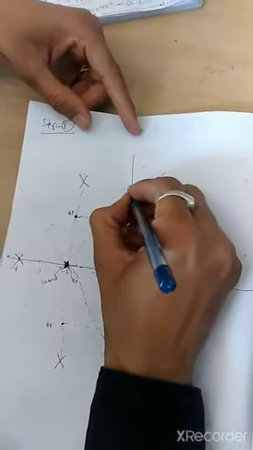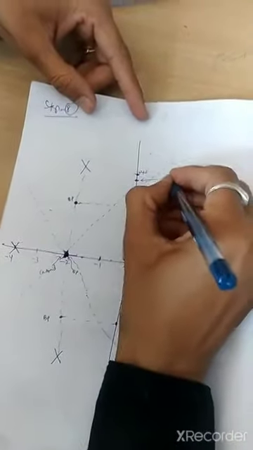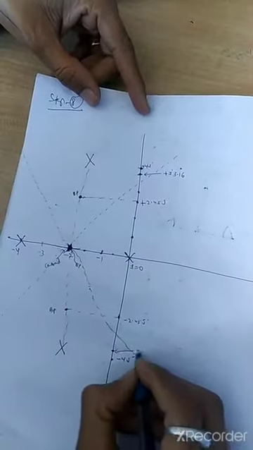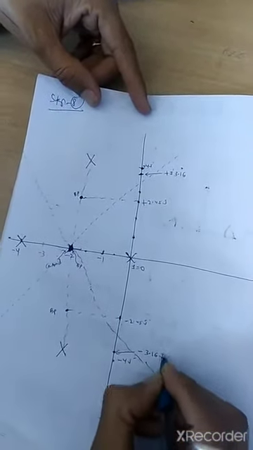So I just write down J 3.16 like this, plus J 3.16, and here is minus J 3.16.